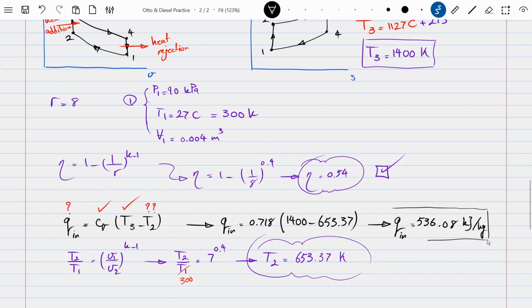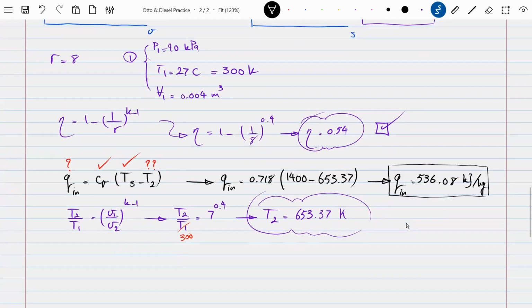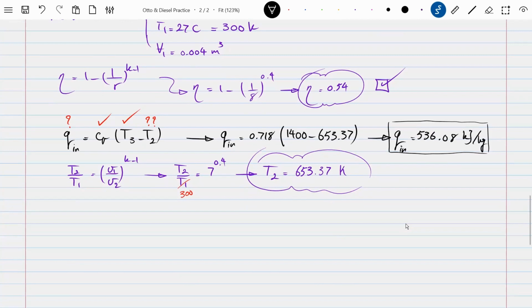Now, obviously, this is not something that the problem was asking, but bear with me. I'm going to show you how this is going to work. The problem was asking for the total heat rejection and net work output. It was not asking for the work per unit mass. What we have here is kilojoules per kilogram.